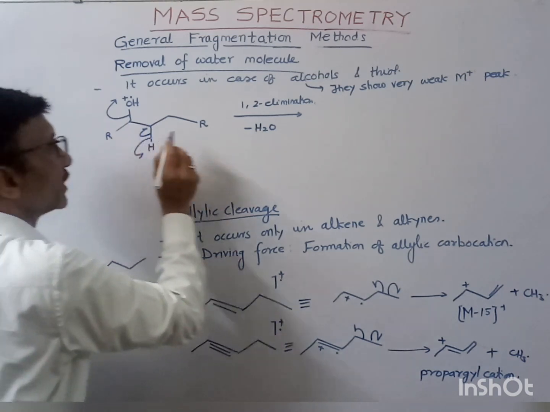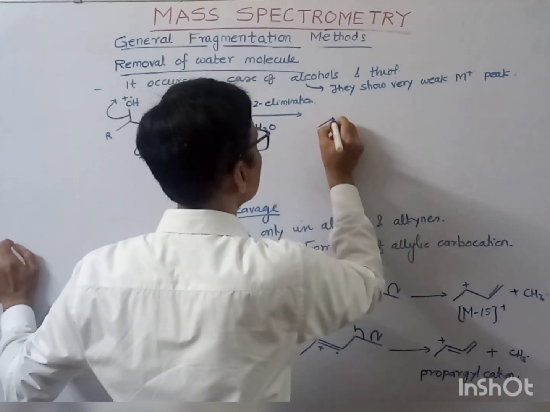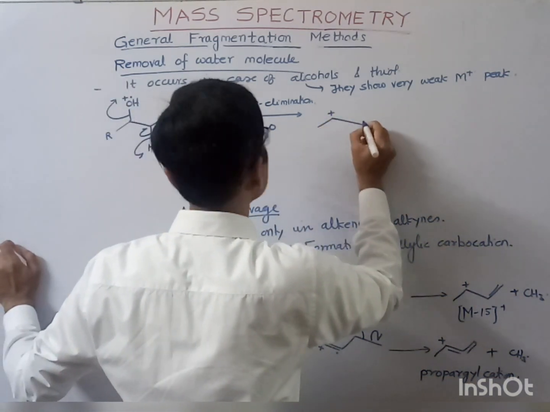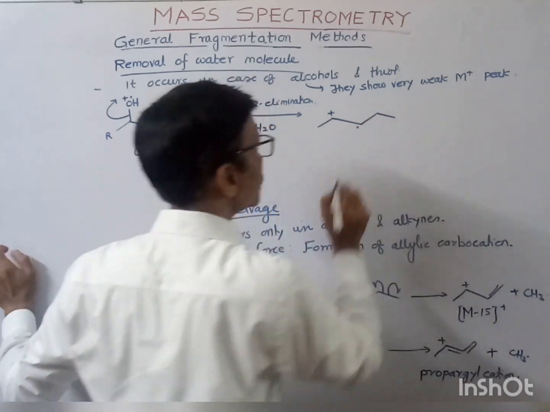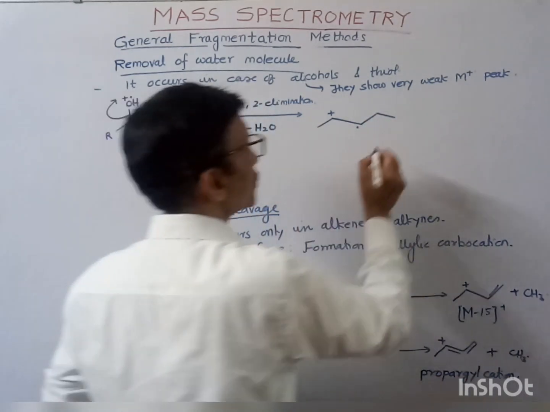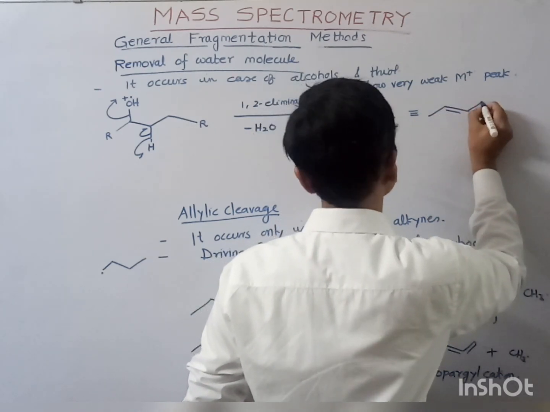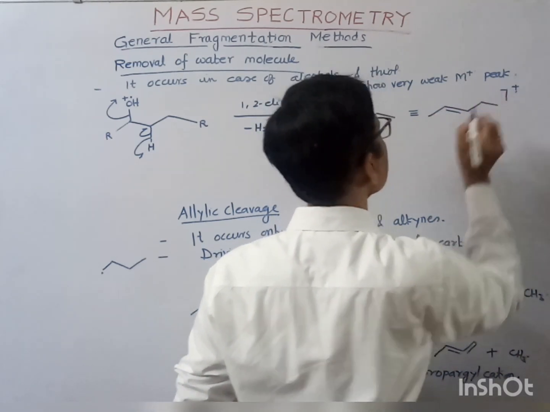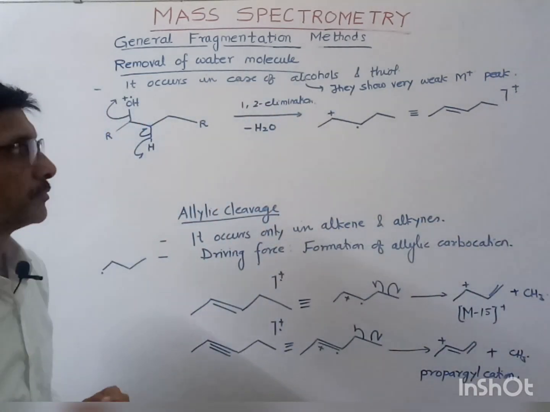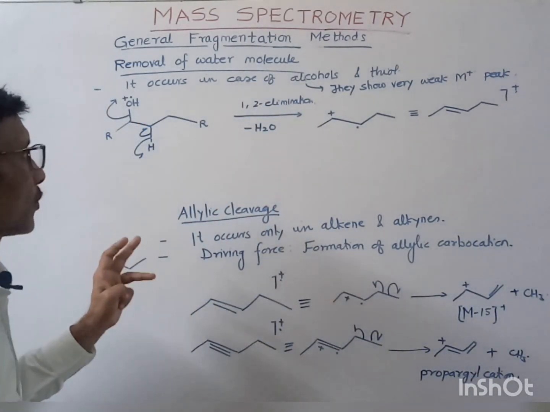So we may show positive charge over here, and radical is present over here. So we may write it in this way. So this is one of the possibilities.